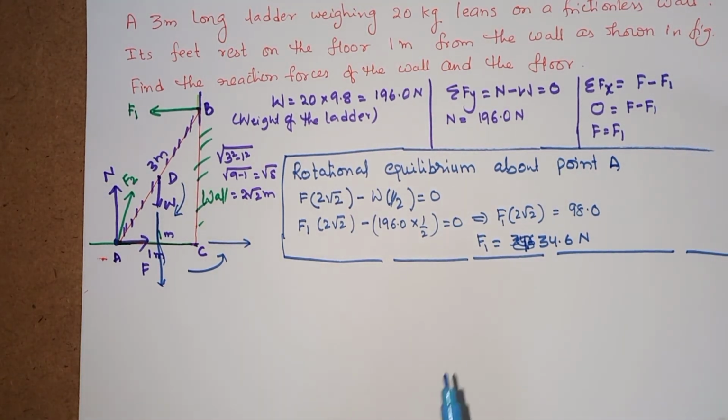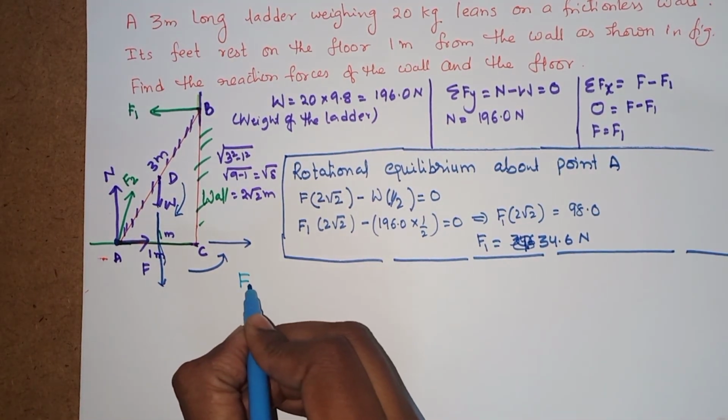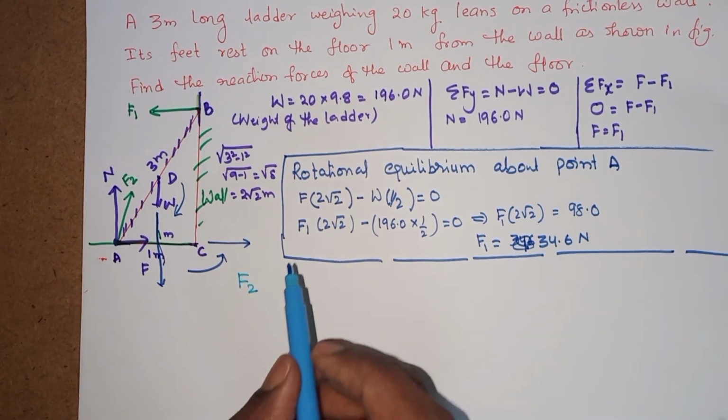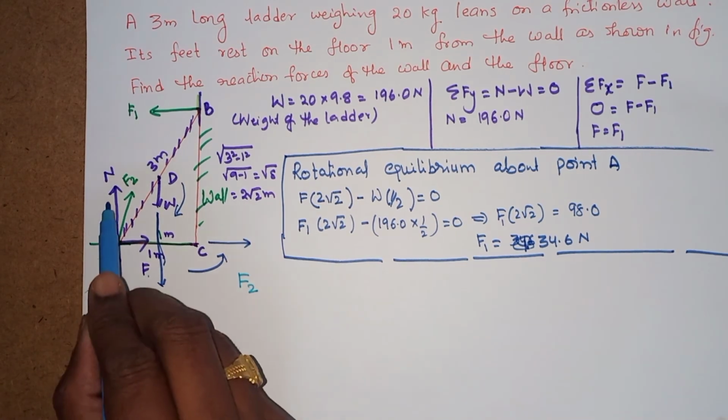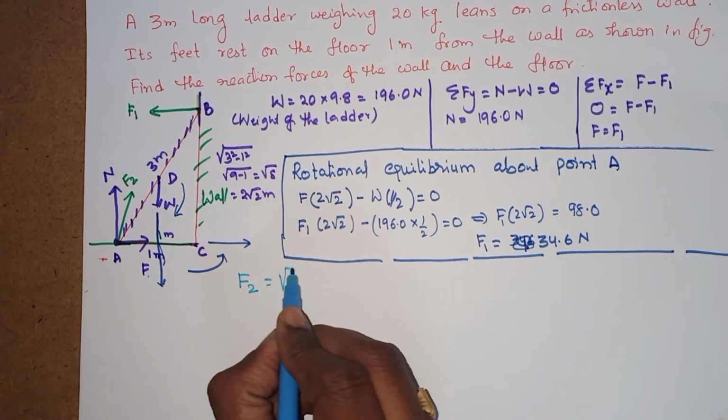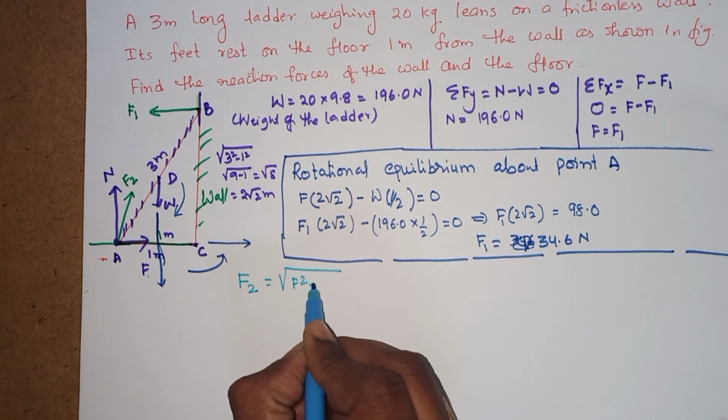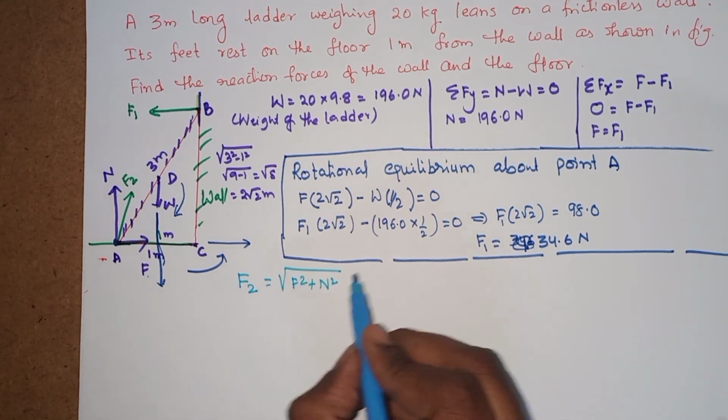Now how to calculate F2? F2 is the vector which has x component F and y component N, so you write it as the square root of F squared plus N squared.